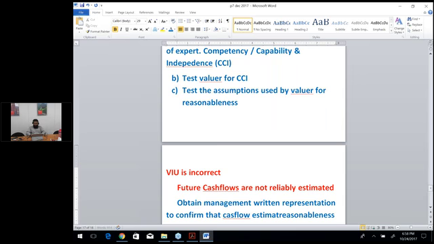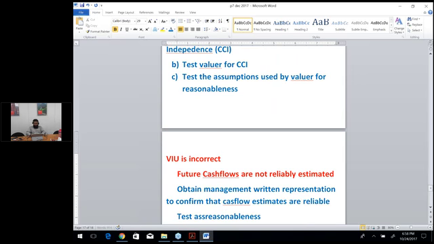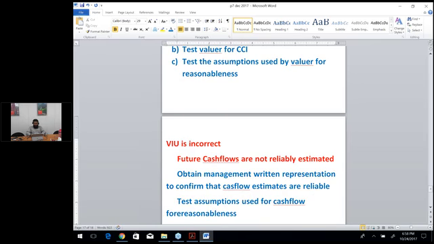Test assumptions used for cash flow forecast for reasonableness.